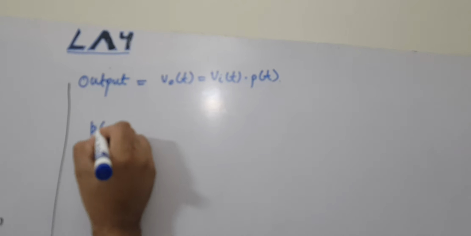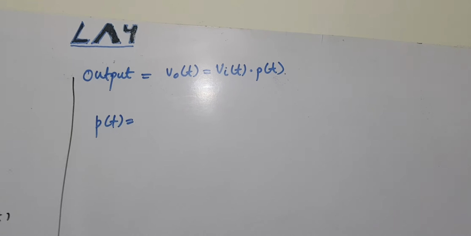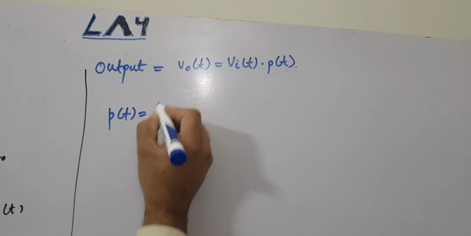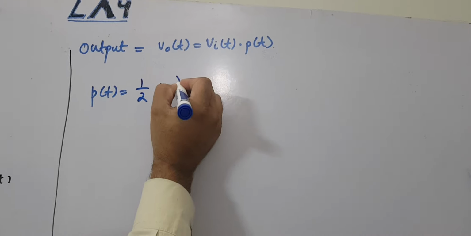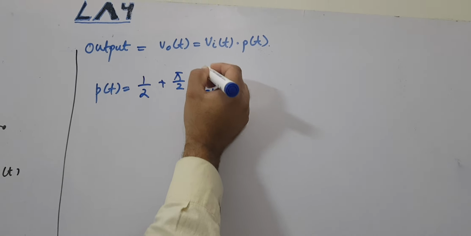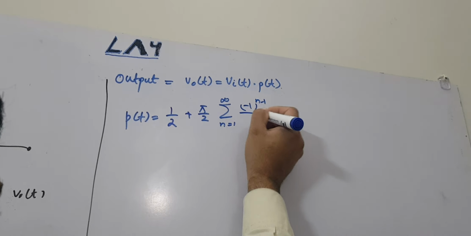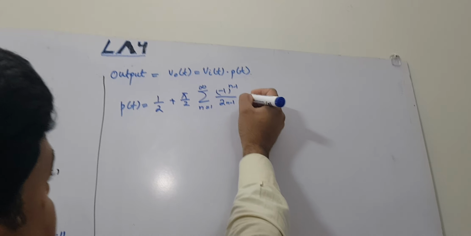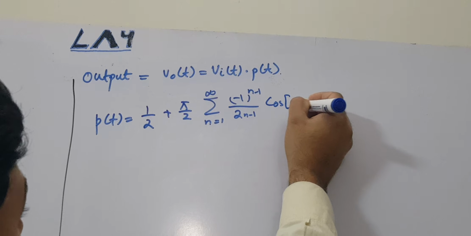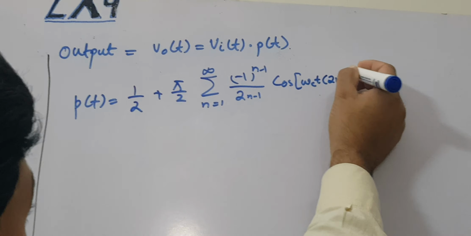The pulse is defined by its power series, which equals 1/2 plus 2/pi summation, n equals 1 to infinity, of (minus 1) power (n minus 1) divided by (2n minus 1), times cos((2n minus 1) omega c t).